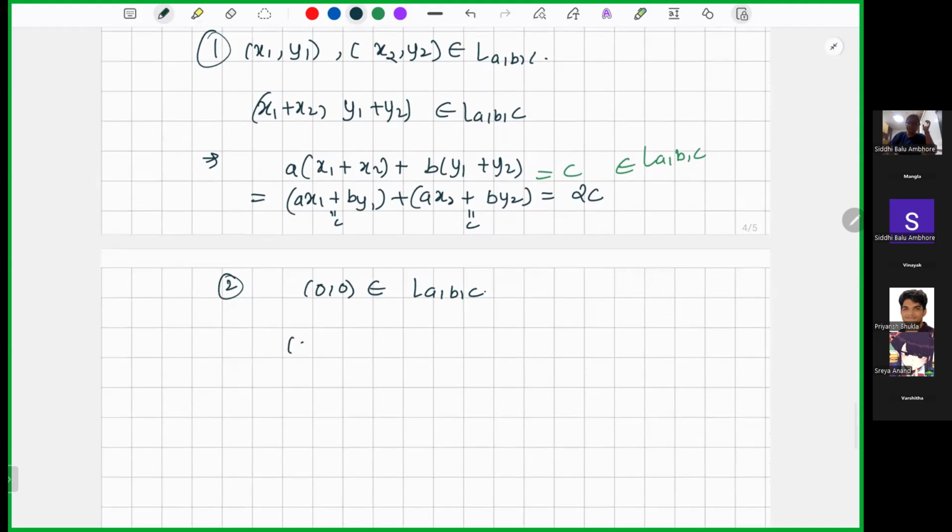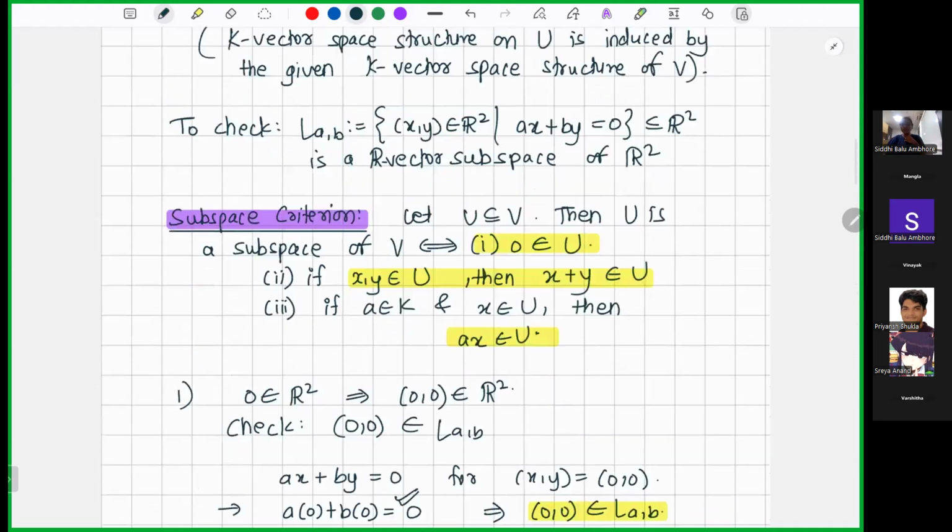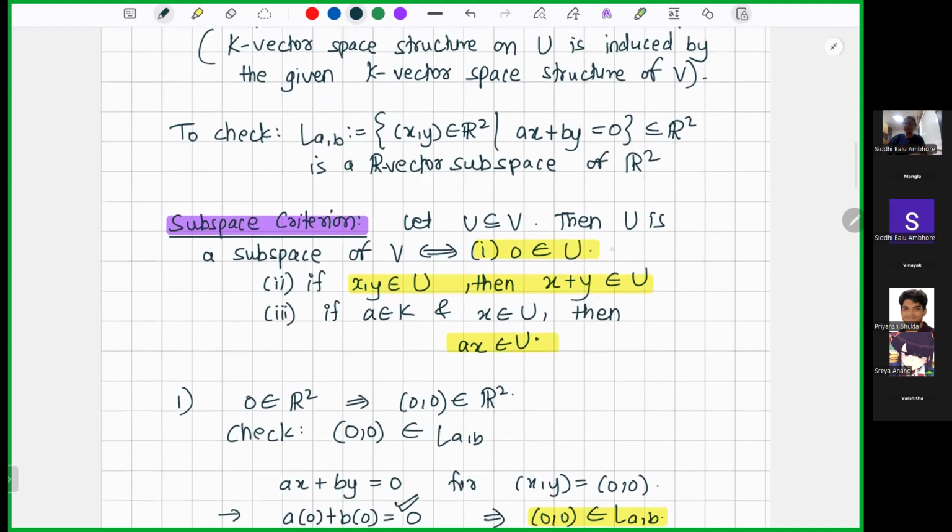So if we check whether this 0, 0 belongs to the set or not, I want A0 plus B0 to be equal to C. So this is 0 is equal to C, but we are given that C is non-zero. Therefore, 0, 0 does not belong to this LABC. So the very first criterion, that the 0 of the vector space must also belong to the subspace, is not satisfied.